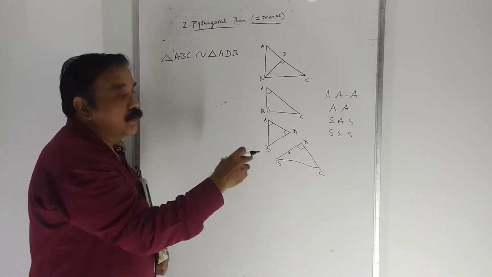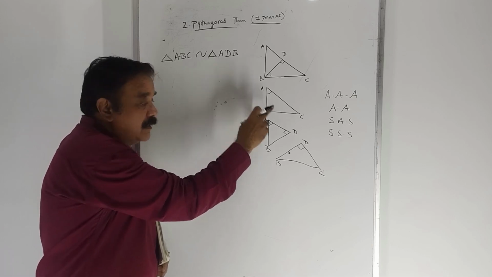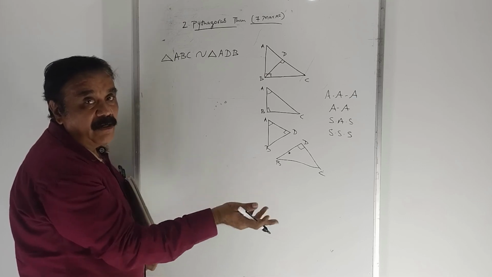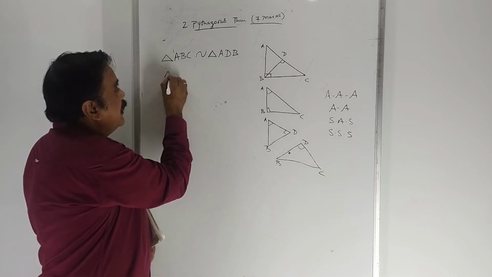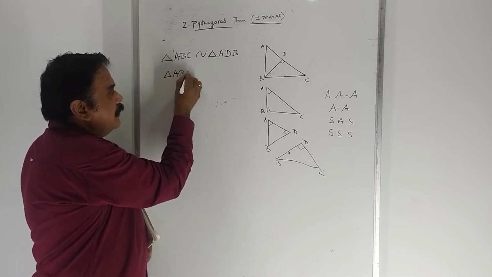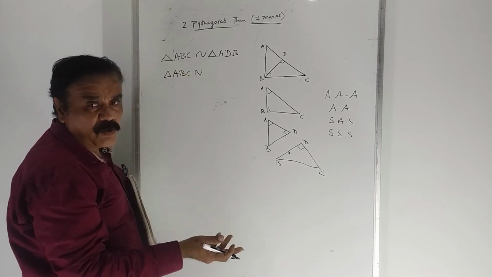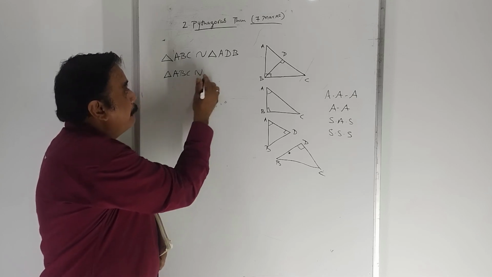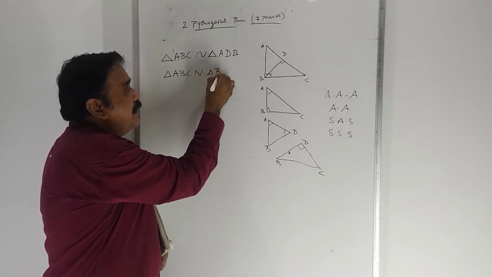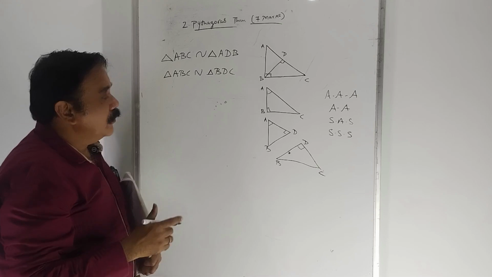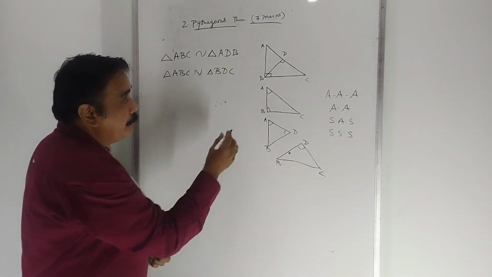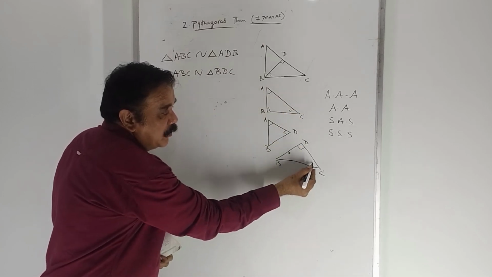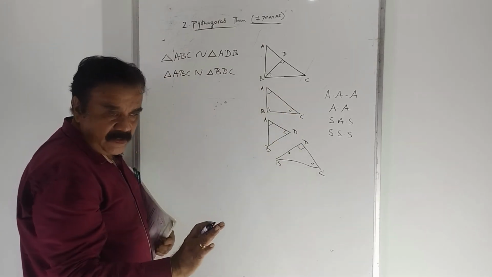Now again, I take triangle ABC similar to triangle BDC. Remember, I am taking triangle ABC. Here also you see, what do you find? In this, C is congruent to C. I will use this symbol for C congruent to C. Is that clear?